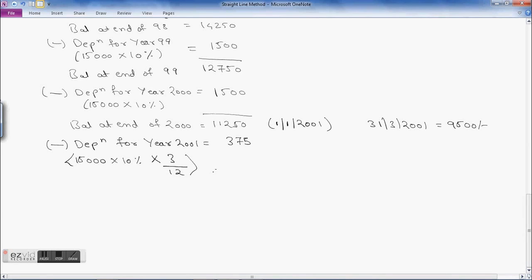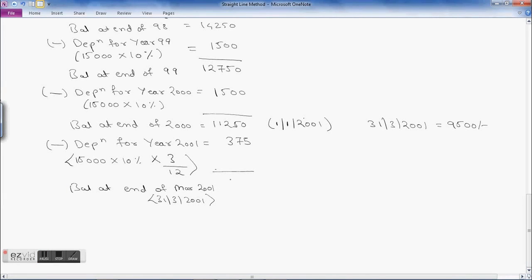So the balance at the end of March 2001, that is 31st March 2001, we'll calculate 11,250 minus 375.